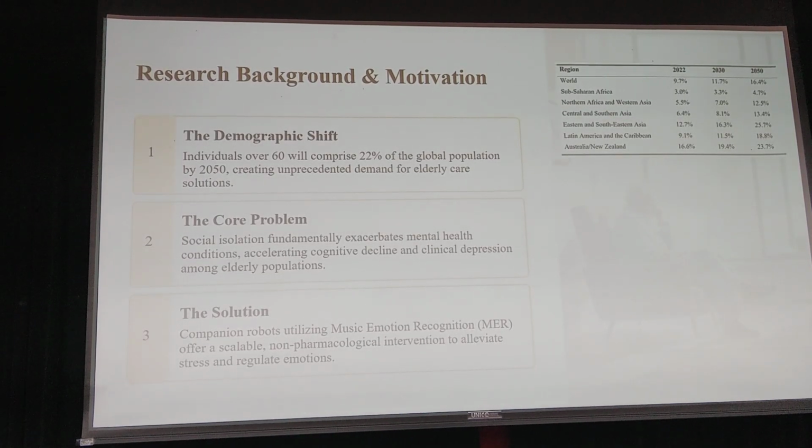To help with this, we want to use companion robots with music emotion recognition, or MER. Music is a great way to lower stress. If robots can understand music emotion, like how positive or strong the music is, they can help older people feel better without using medicine.